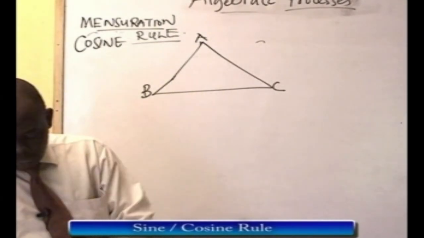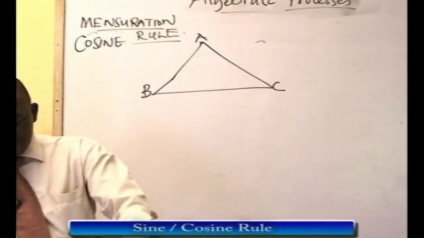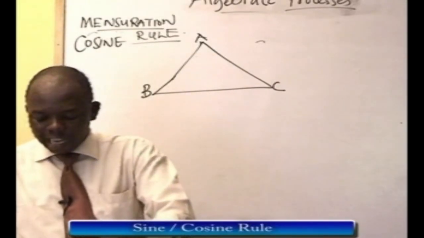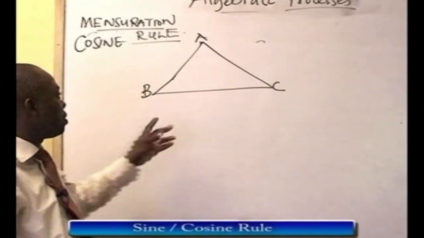You'll be given two sides and an unknown angle, or you'll be given the three sides and you'll be asked to determine an unknown angle. Two situations will present themselves.